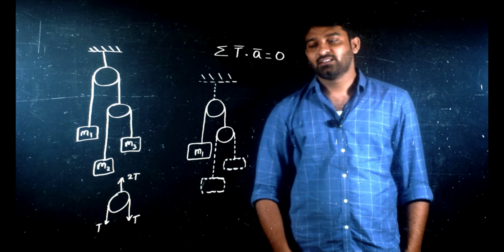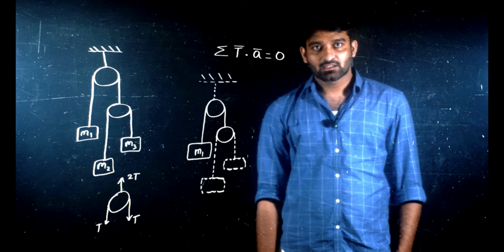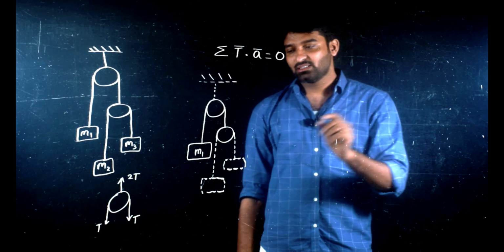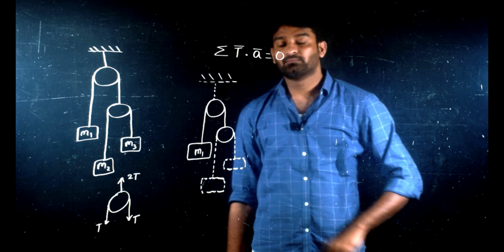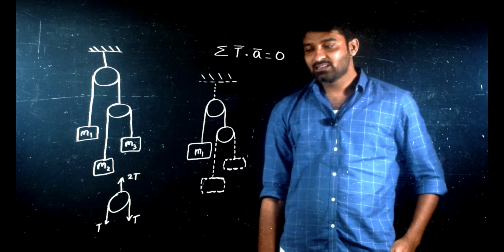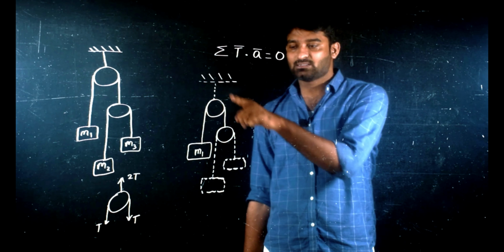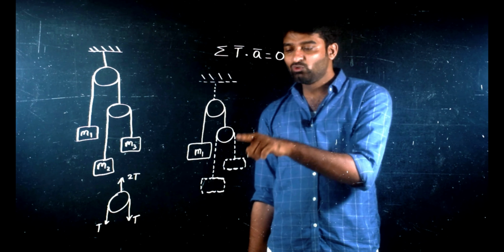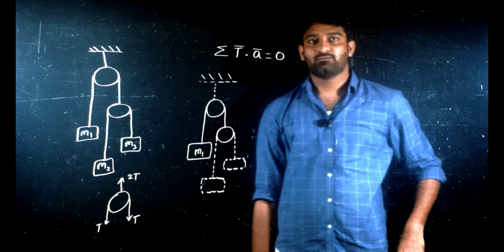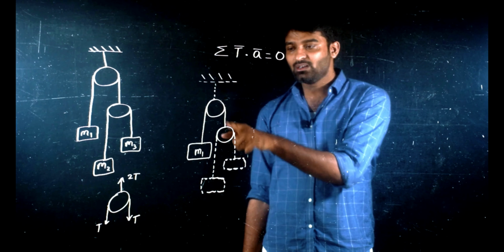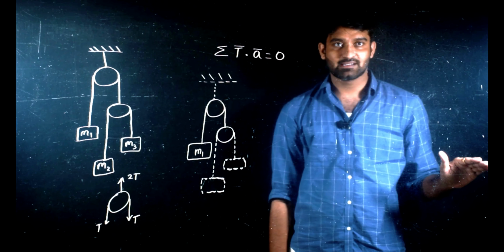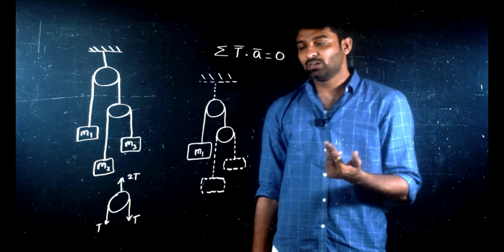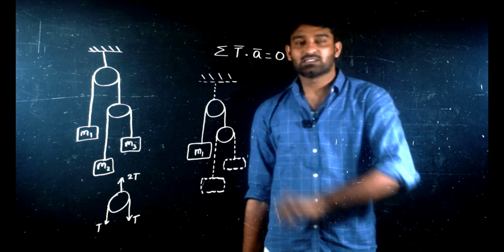Now we are selecting the system of bodies that are connected to any chosen string. The chosen string here is this particular one. The bodies connected to this string are this mass M1, the movable pulley and the fixed pulley. Out of the three, the fixed pulley does not have any acceleration, and the accelerating bodies are this pulley and this mass.